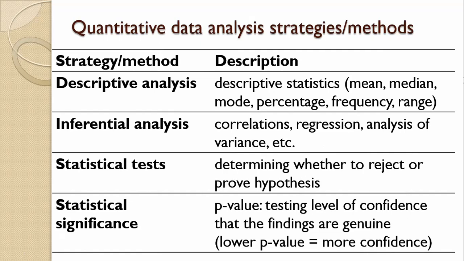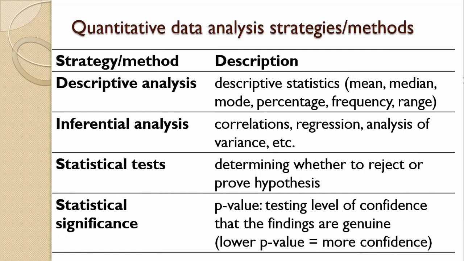You have inferential analysis, which looks at correlations or regression analysis. So, for instance, you could use this strategy if you have a correlation design to check for those relationships. You also have statistical tests that aim at determining whether to reject or prove a hypothesis.